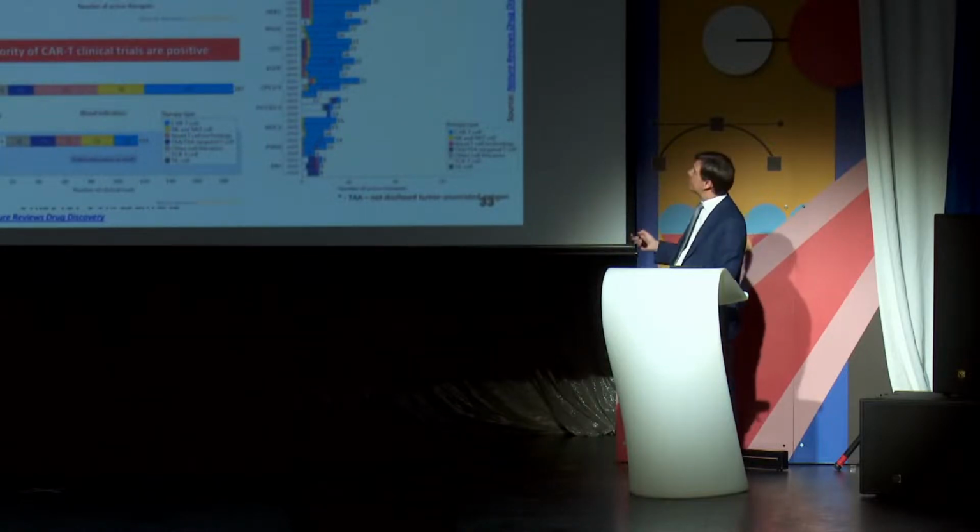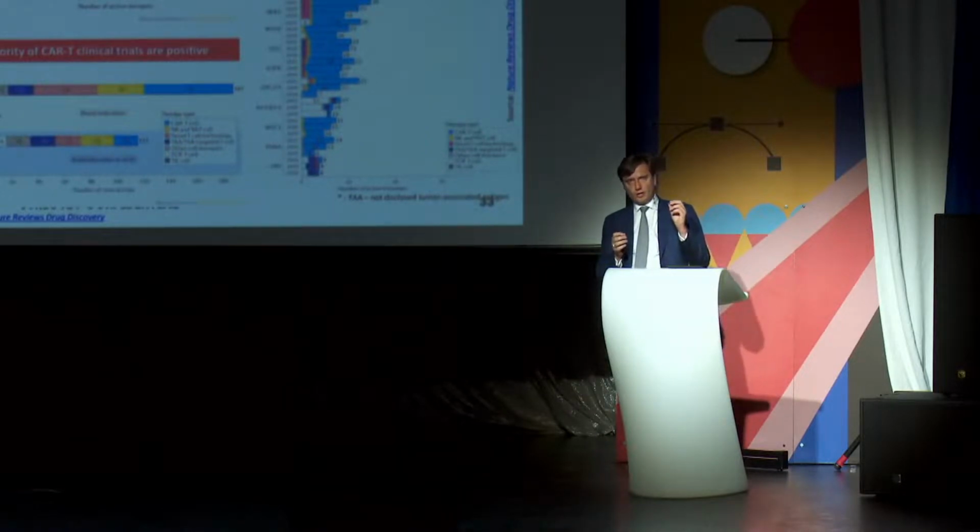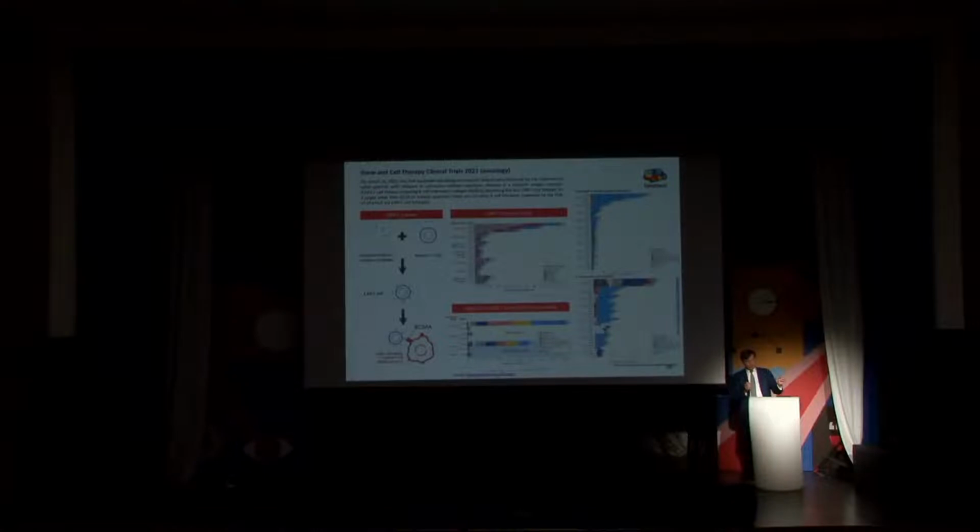The other thing is the targets. So I mentioned to you that there are specific receptors which are only on cancerous cells and not on the healthy cells. And the first target for the CAR T therapy was CD19.